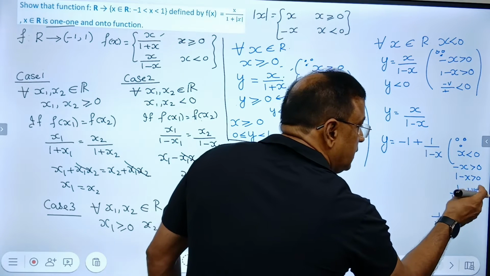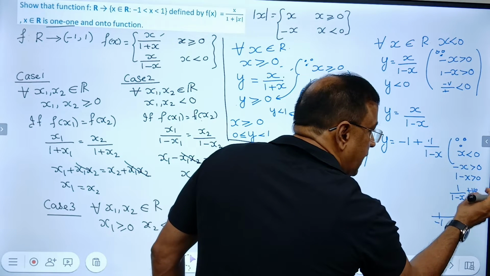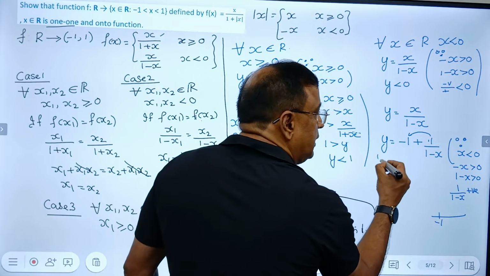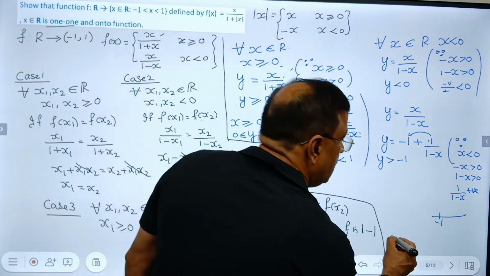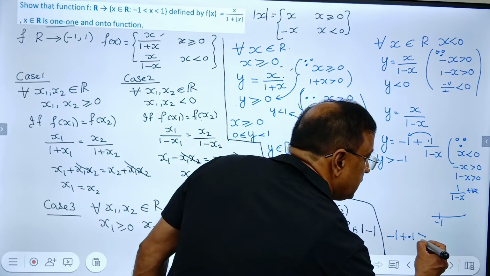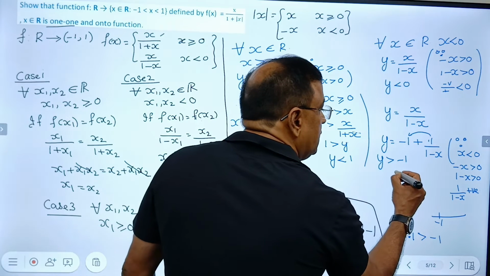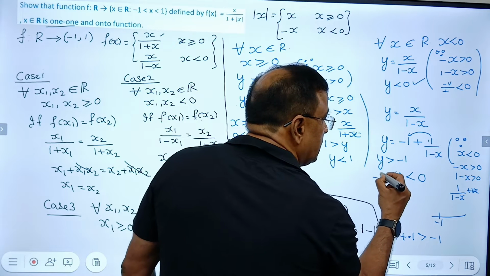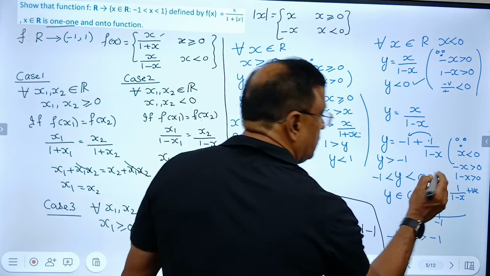To minus 1, if I add a positive quantity, definitely y will be greater than minus 1, right? For example, with minus 1, if I add 0.1, definitely the resultant number will be greater than minus 1. Sure? So clearly you see y less than 0 from here, and it will be greater than minus 1. Therefore y belongs to the interval minus 1 comma 0.